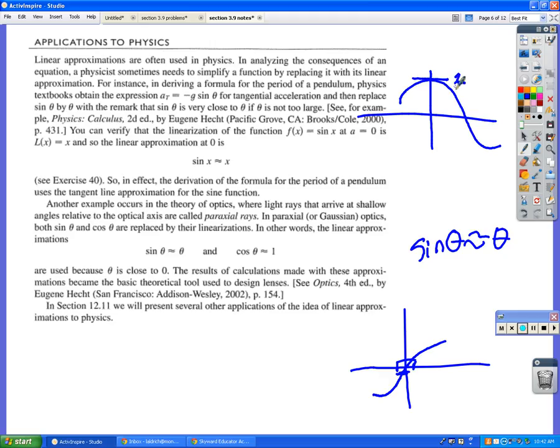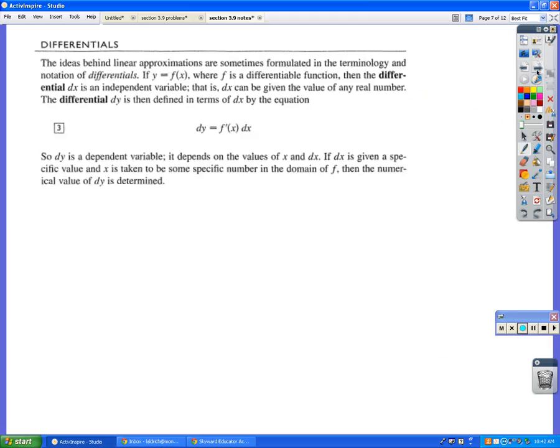Here's 1, right? So in a range real close to 0, cosine is very close to 1. Okay, so they do use it sometimes. The results of calculations made with these approximations became the basic theoretical tool used to design lenses. So the next time you put on your glasses, thank goodness for linear approximation, or I would not be able to see.